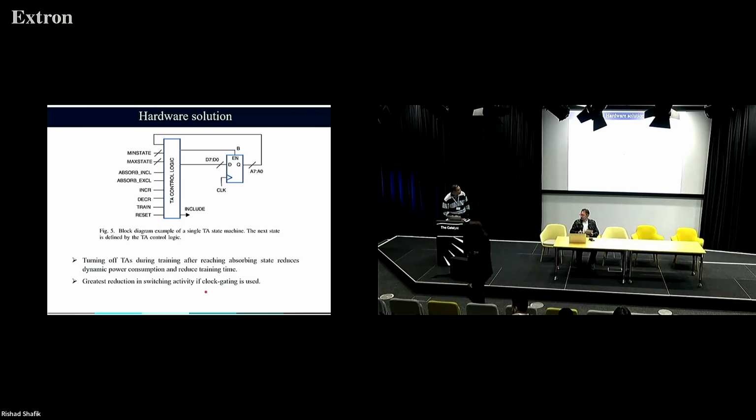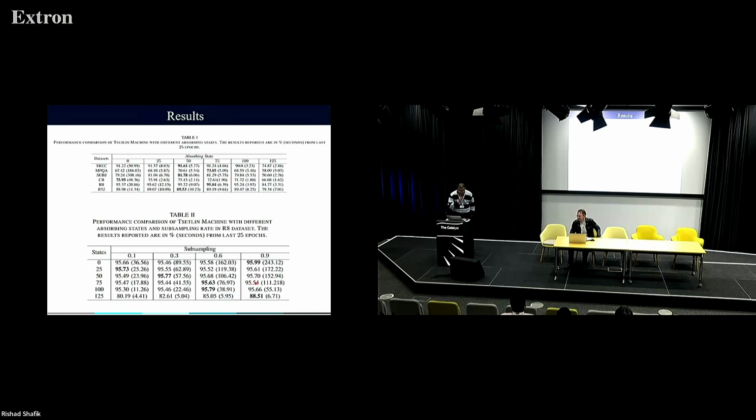And there's another beauty: the great reduction in switching activity if clock gating is used. To be honest, I don't know the meaning, but you are experts in hardware, so I'm sure you understand it. But anyway, we have some benefits if we do that.